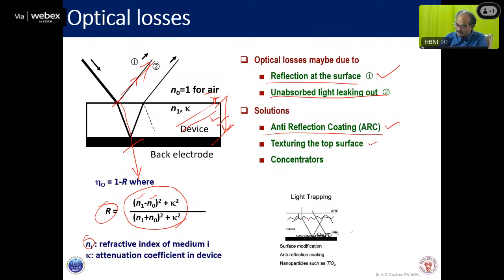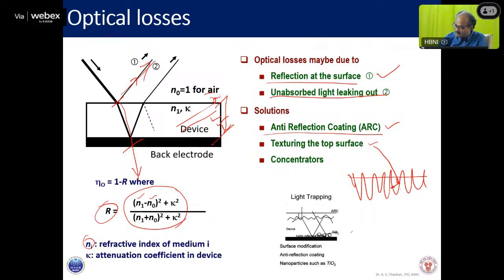If, in place of this straight surface, you can make a zigzag surface, what will happen? This is also like a solar cell only. So if light comes here, what will happen? Even though it is reflected, it will come to this point and again face the surface.